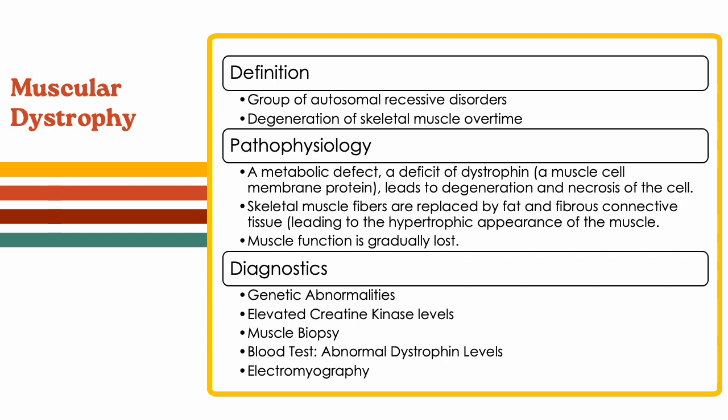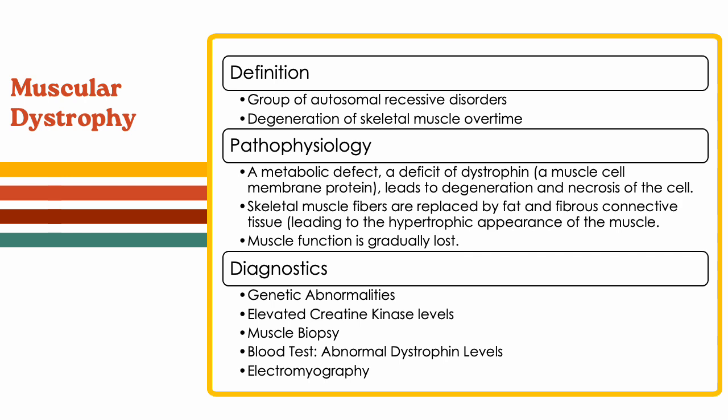Normally, you do have a deficit of dystrophin, which is a muscle membrane protein, and it ultimately leads to the degeneration and necrosis of your muscle cells. You have skeletal muscle fibers that are replaced by fat and fibrous connective tissue, which would lead to their hypertrophic appearance and makes them look a lot larger than what they normally would be. Eventually, you do have the loss of muscle function.